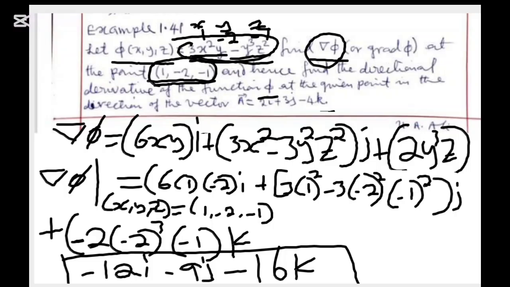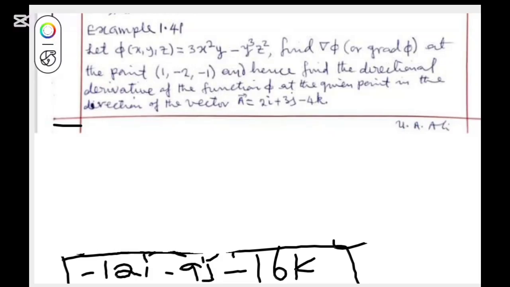Because if I say 6 multiplied by 1 is the same thing as 6 multiplied by -2, it will become -12i. So if you calculate it at the end, you'll get this answer. So the next thing that I'm going to do is, but let me have some space. The final solution for the del psi, it is what?